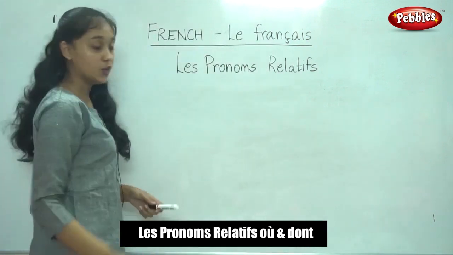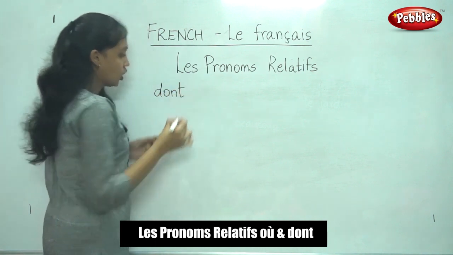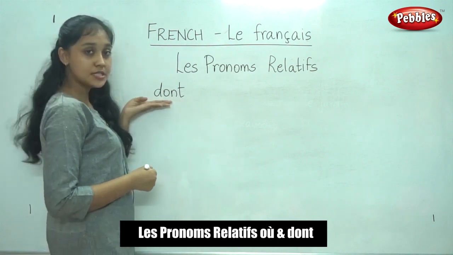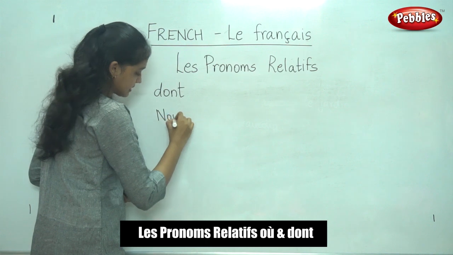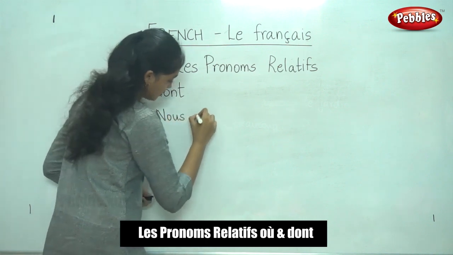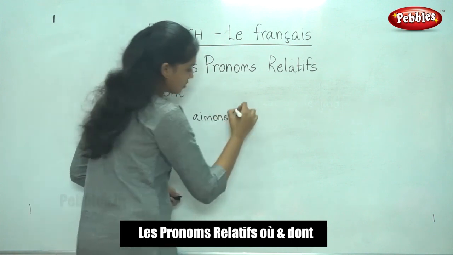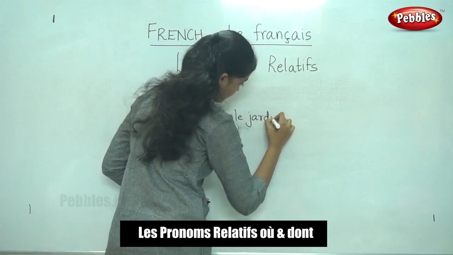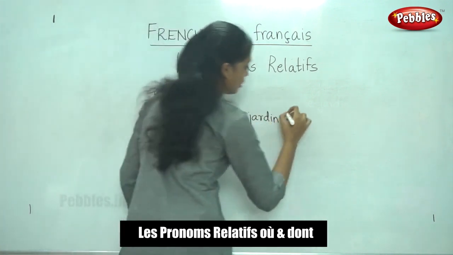The next pronoun we are going to learn is dont. Dont. I will now give you a sentence where we use dont, similar to the previous sentence. Nous aimons le jardin.